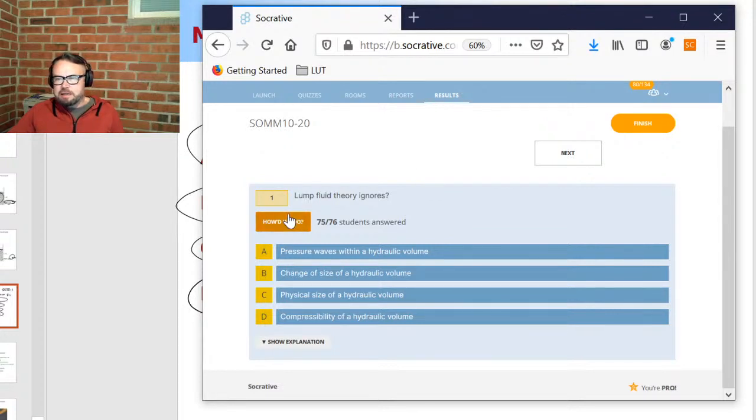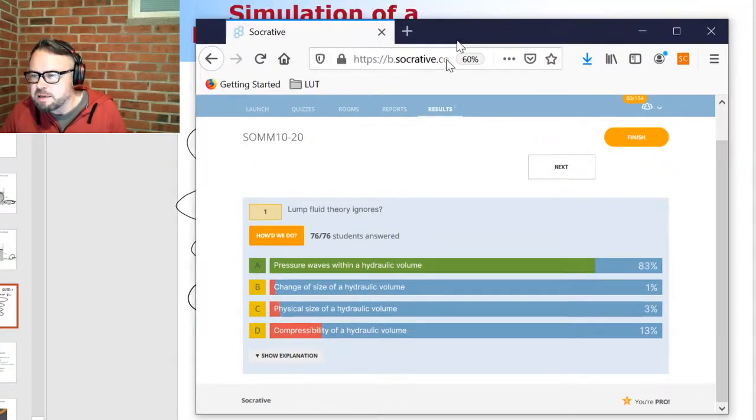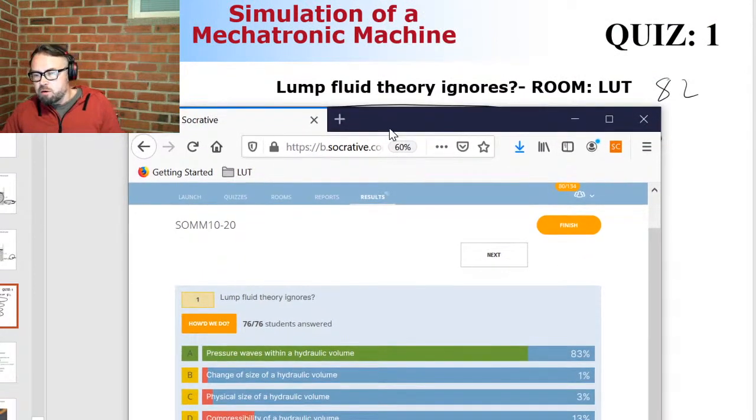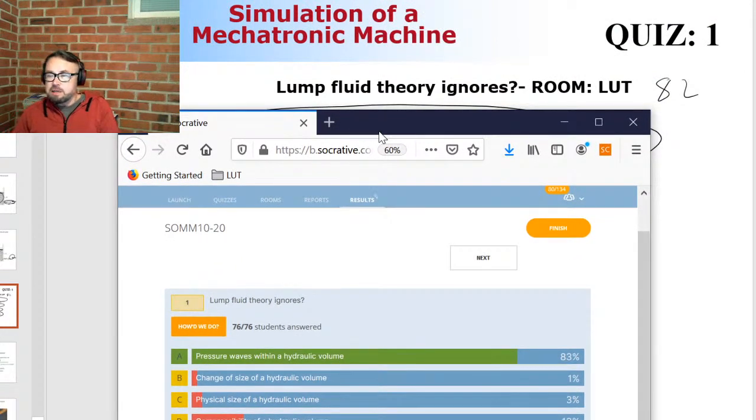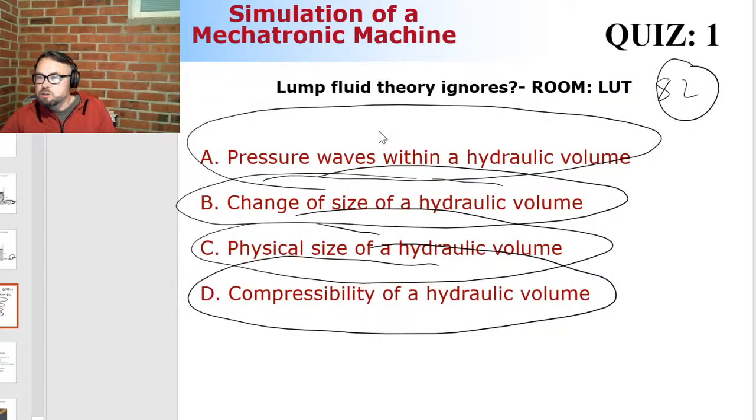The success rate today is, what is it? 84, 80, 83, 83, 83. Oh, look at this. My guess was 82, and it was 83. So I'm going to announce myself as a winner.